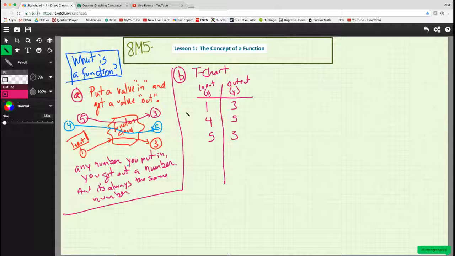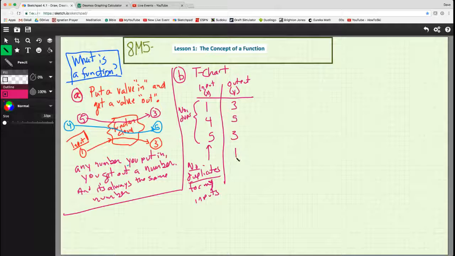And the idea here is that you cannot have duplicates, no dupes, for my inputs. This will make more sense maybe as we go along, but there's no duplicates for my inputs.